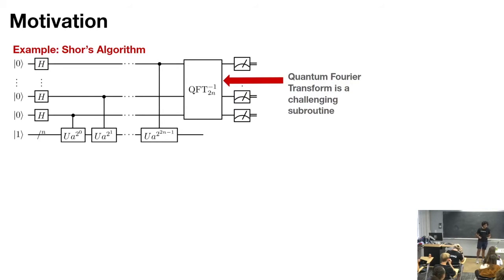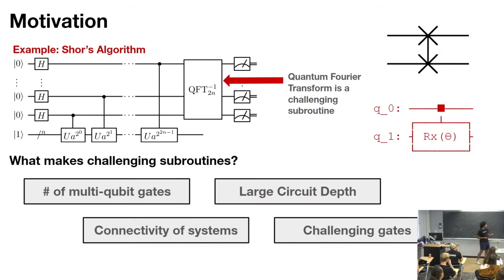What makes a challenging subroutine is, within that block, the number of multi-qubit gates, so the number of gates between different qubits, and the depth of the circuit, how many gates there are in our circuit. The longer they are, the harder that circuit is to implement to high fidelity.